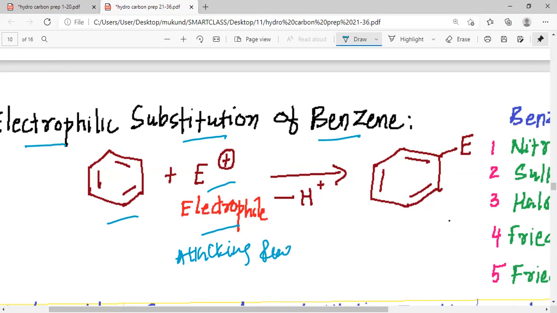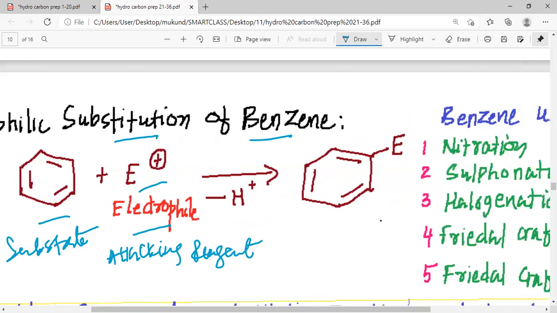We have already studied about the attacking reagent. Benzene here behaves as a substrate, and when the attacking reagent is an electrophile, which is electron deficient, it attacks on the benzene and gives us the substituted product.